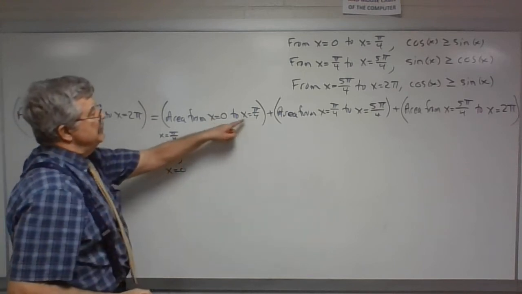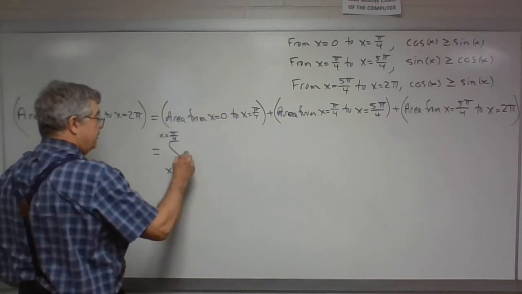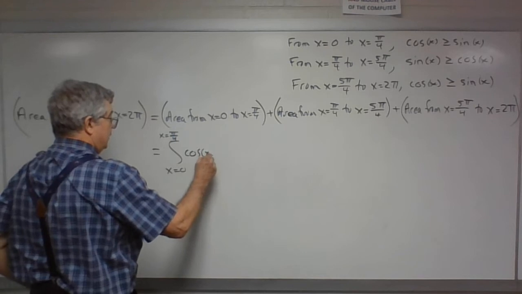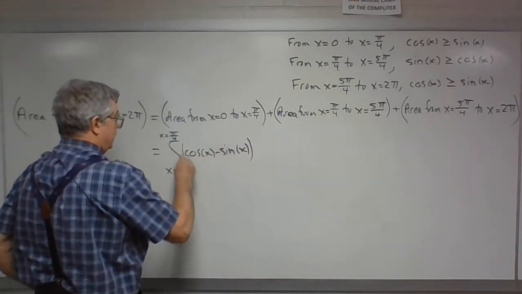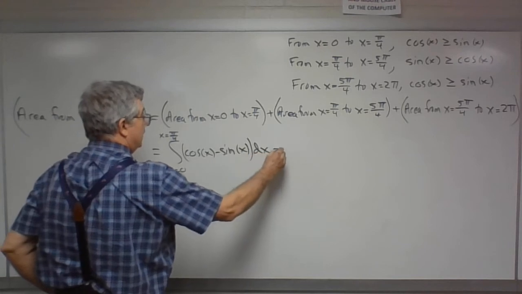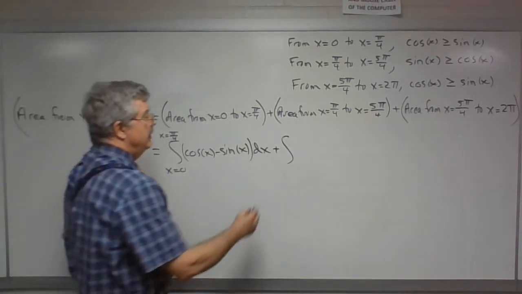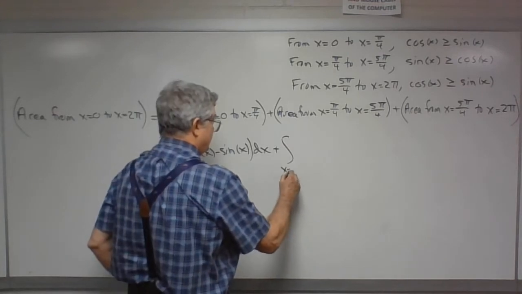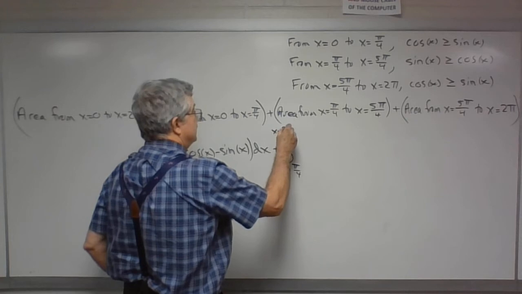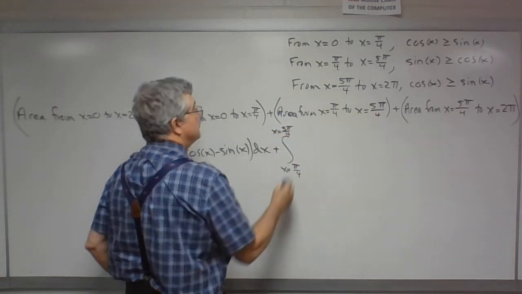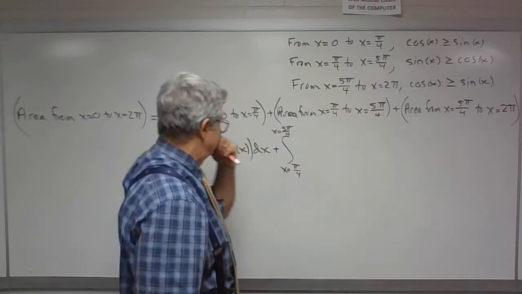From x equals 0 to x equals pi over 4, cosine is the greater function. And then from x equals pi over 4 to x equals 5 pi over 4, sine is the greater function.